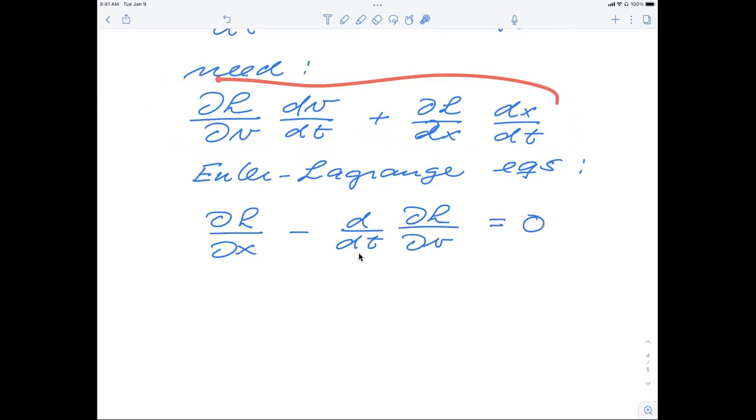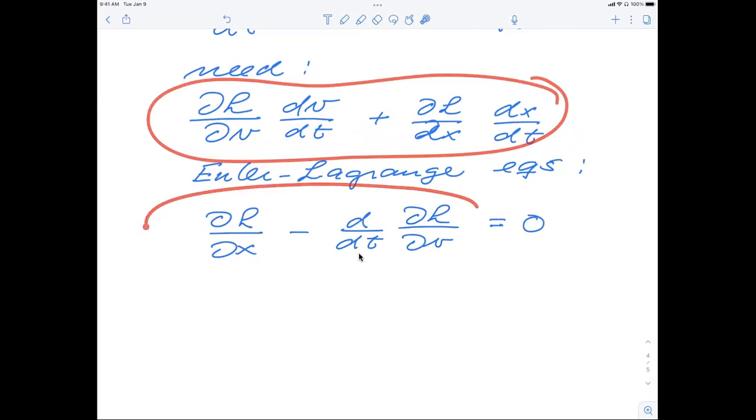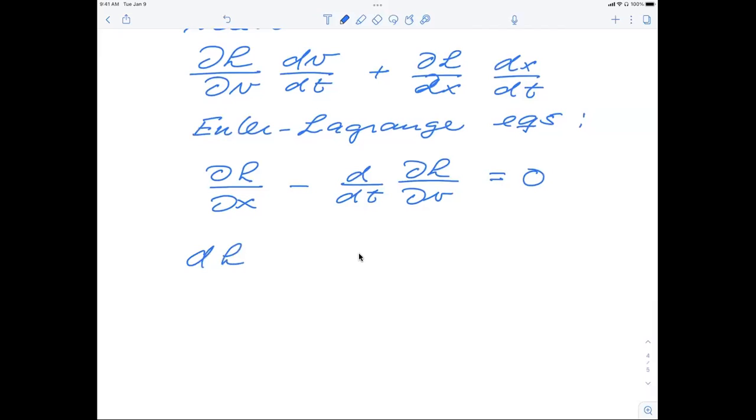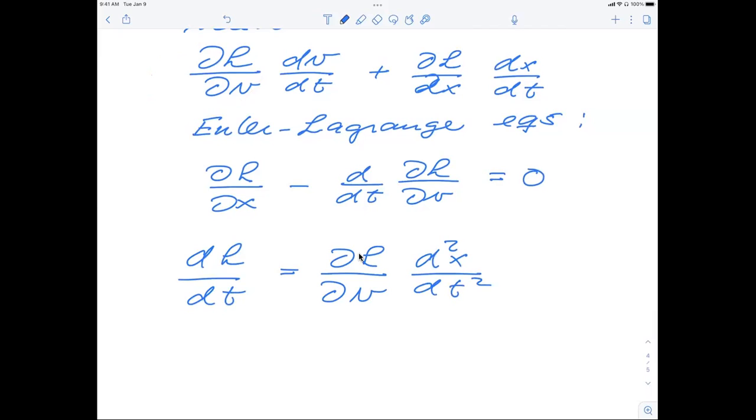If we look at this equation and also at this equation here, we can rewrite the equation for the time derivative, dL/dt, as ∂L/∂v times the derivative of the velocity, which is nothing but the second derivative of the position as a function of time.